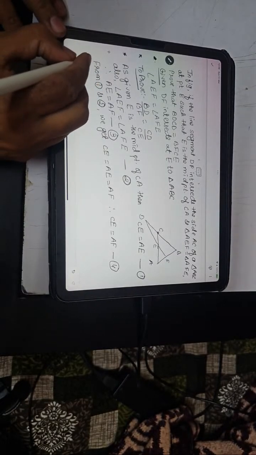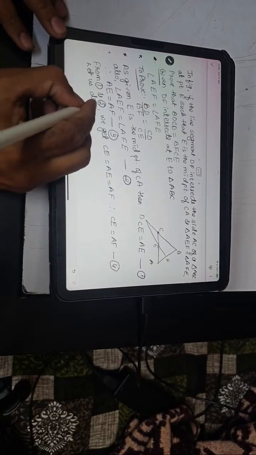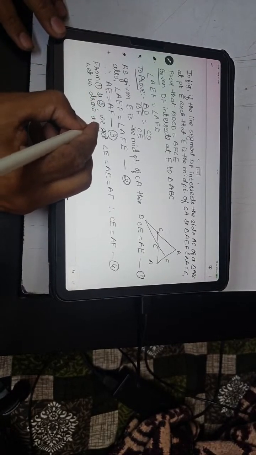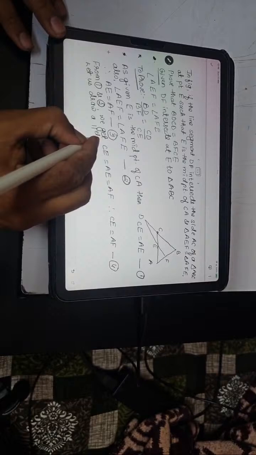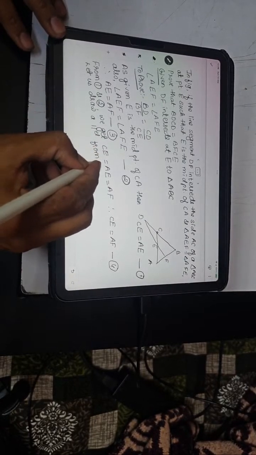Now let us draw a parallel from C to DF.